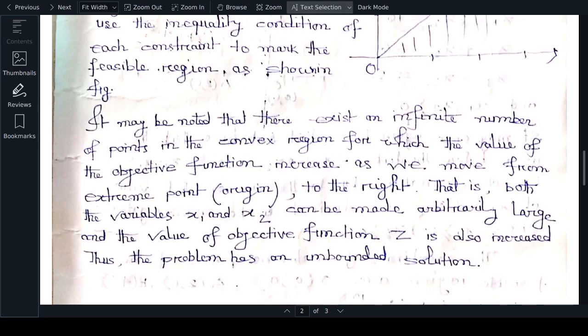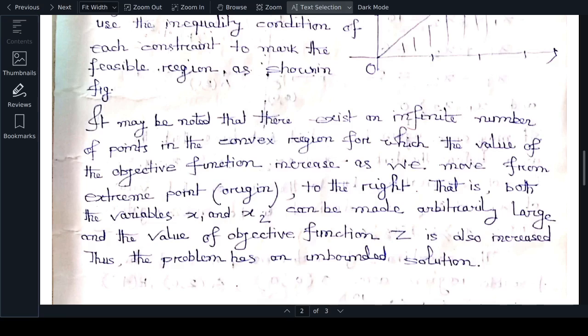So this is one of the disadvantages of graphical method. Sometimes a question is asked: write the disadvantage of graphical method. Then you can write this point: if more than two variables are present in the linear programming problem, then we cannot solve it graphically.